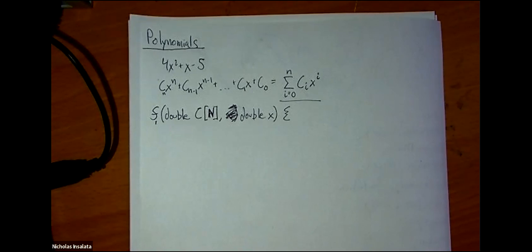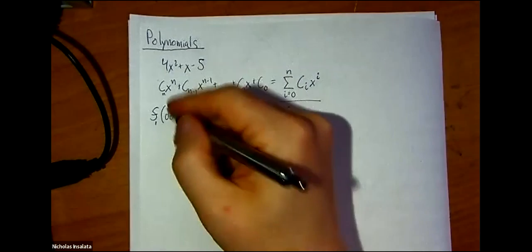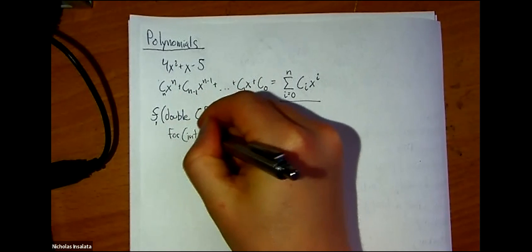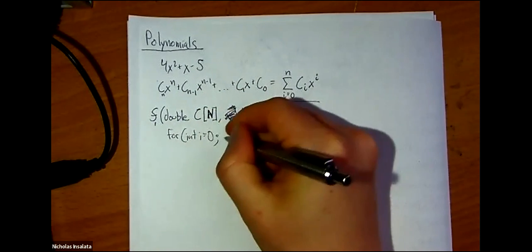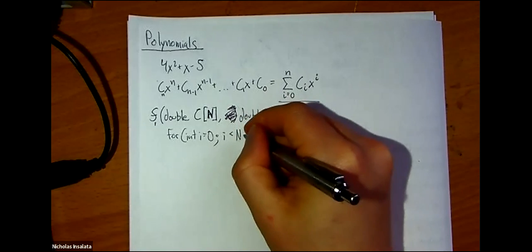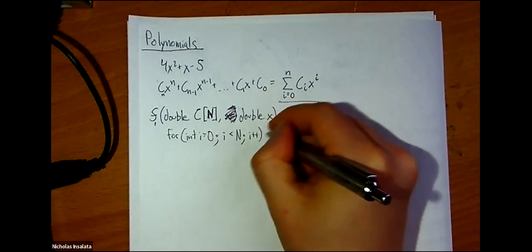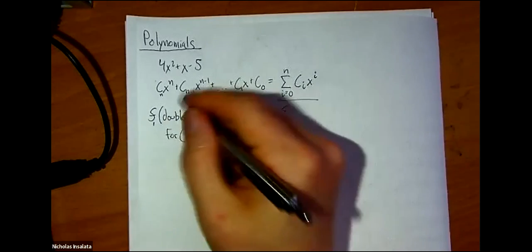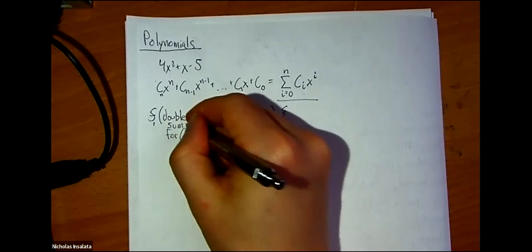So what do you guys think? How would this work? Okay, so we'll have a for loop, for int i equals 0, i is less than n, i plus plus, and I'll have some sum variable. I guess I should probably initialize my sum to 0, right?